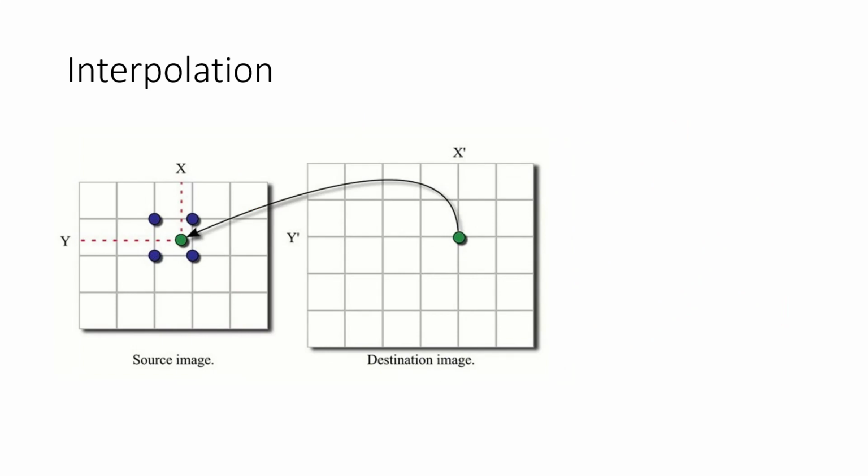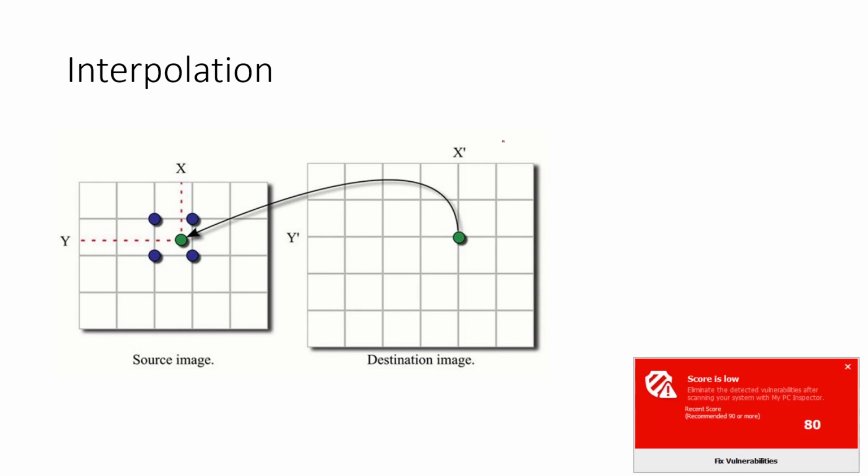Okay, in the previous slide, we talked about nearest neighbor interpolation. I also told you that there are better ways of performing interpolation than the nearest neighbor. So here's the example.